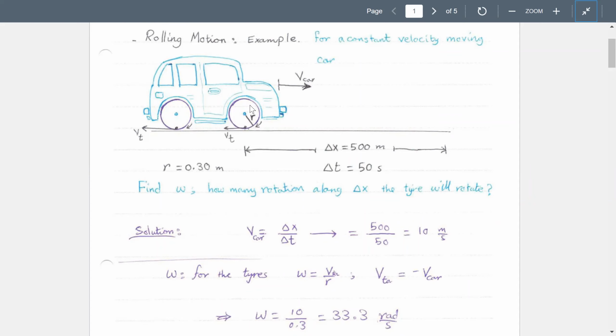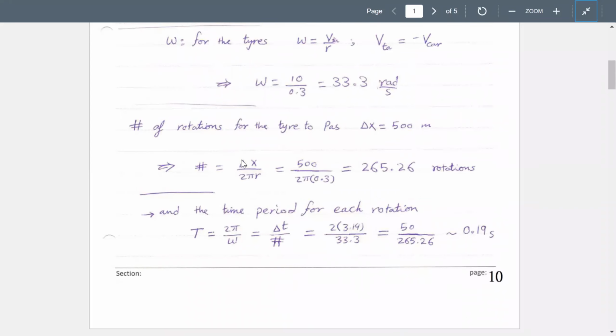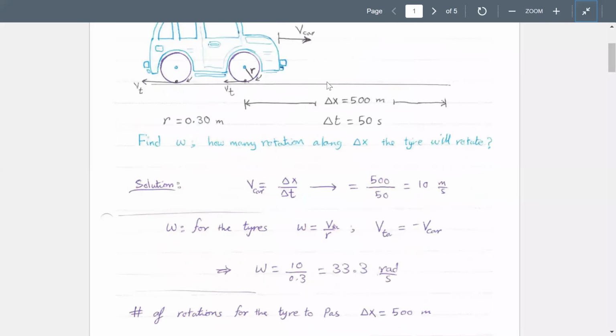It is the circumference of the tire because it is a circle. It is 2 pi r for a circle. And we have the total distance, which is 500 meters. If we divide the total distance over this distance, which is 2 pi r, it will give us the total number of rotations.